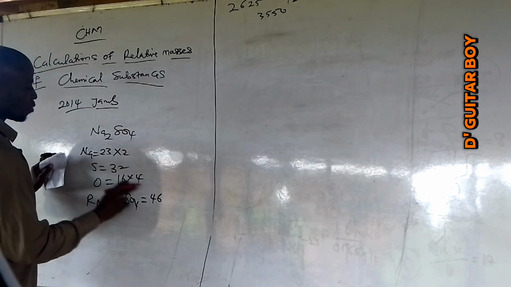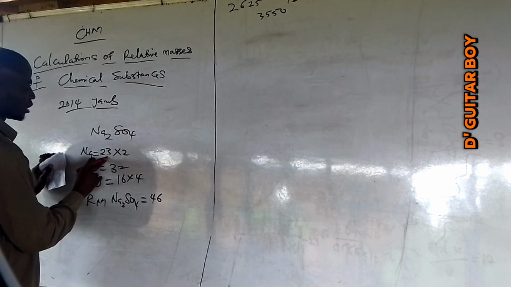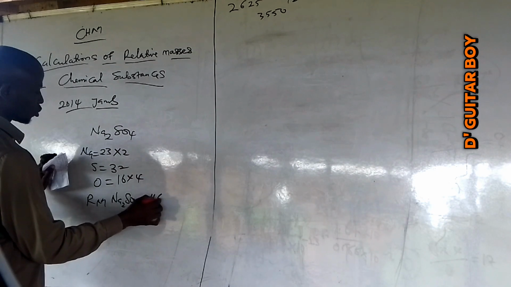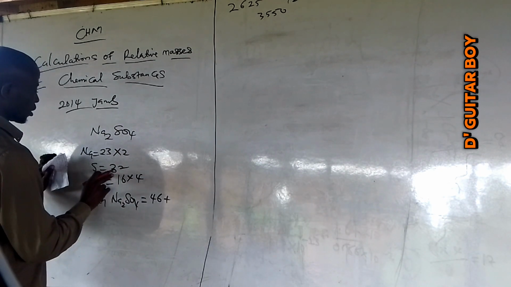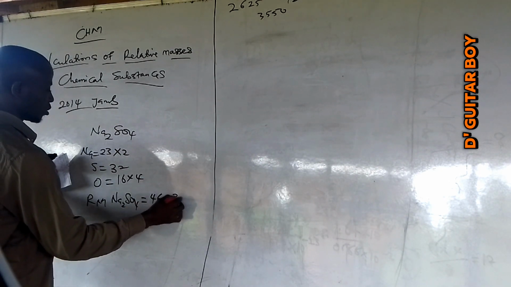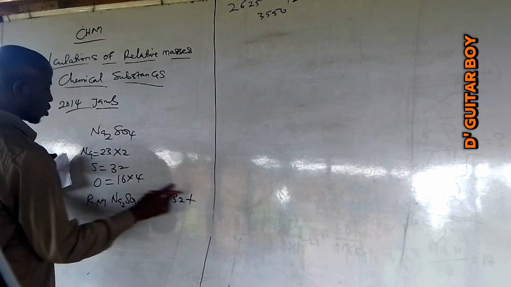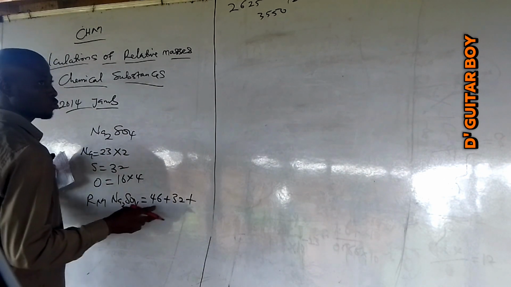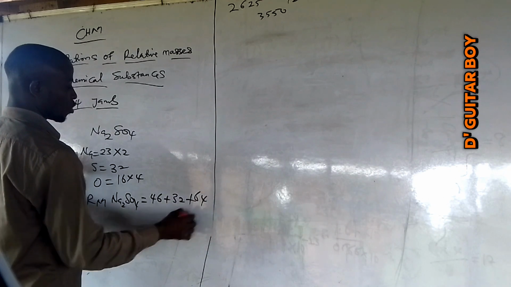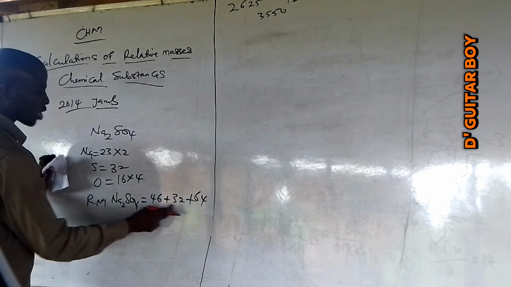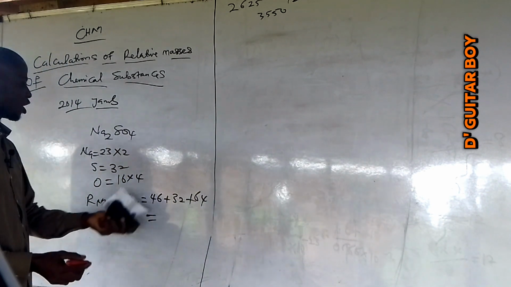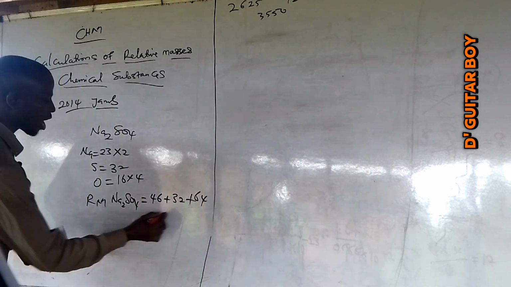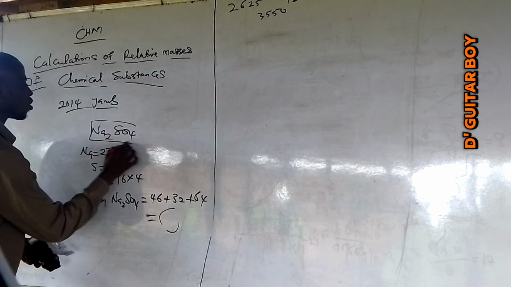So this one will give you 46 plus 32 plus 16 times 4, that's 64. So when you add everything together, press your calculator, you have your answer.